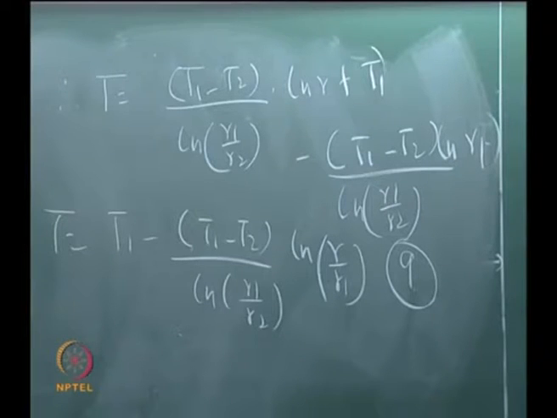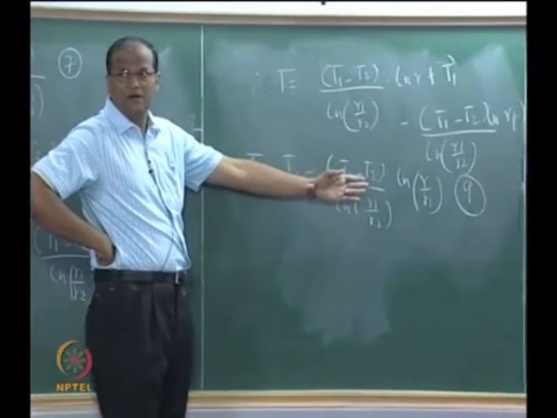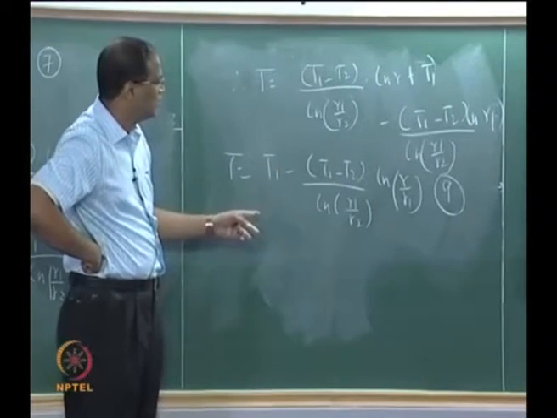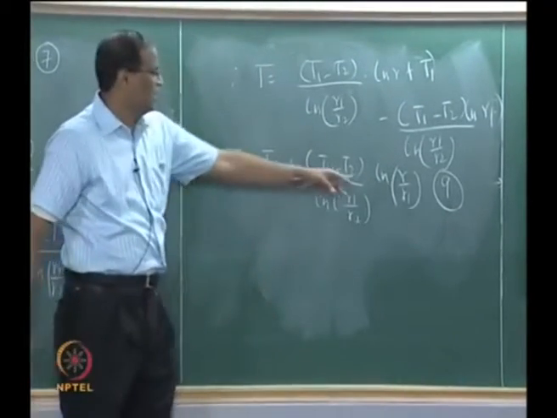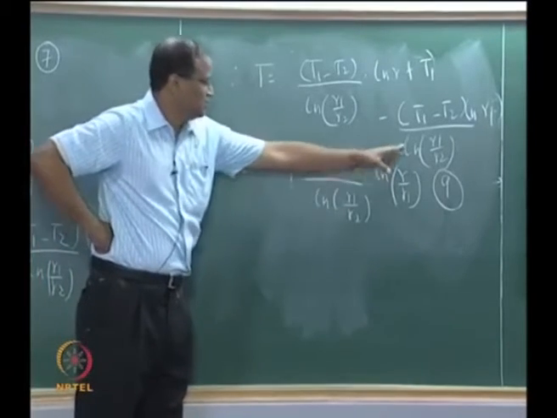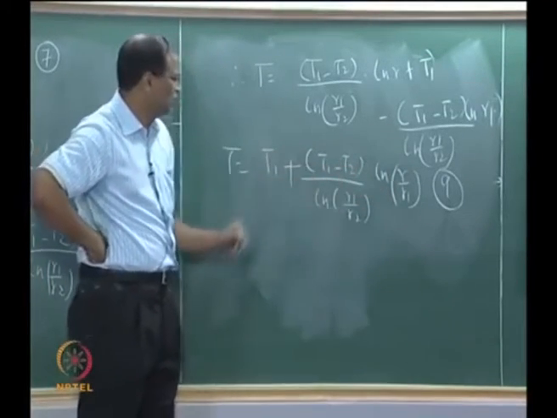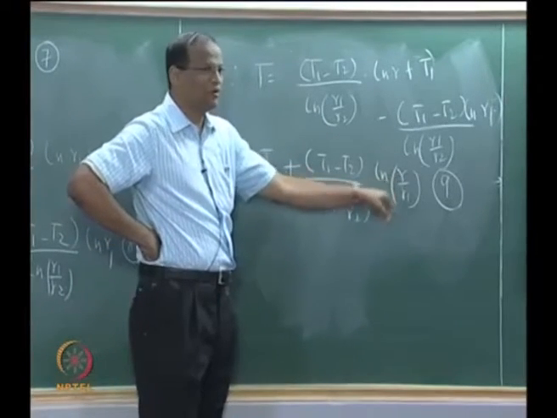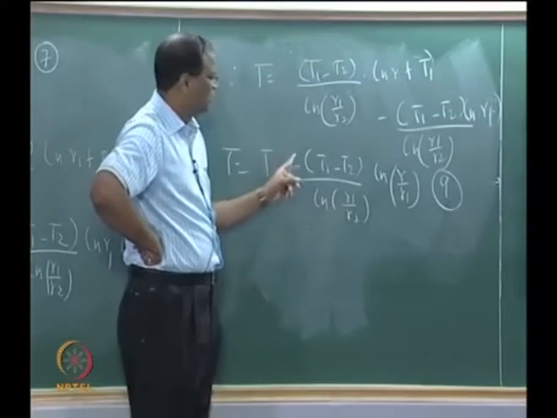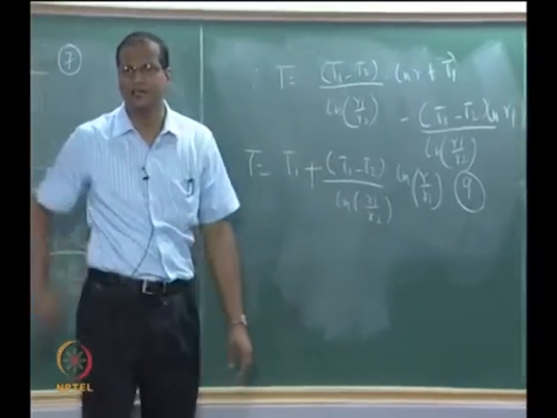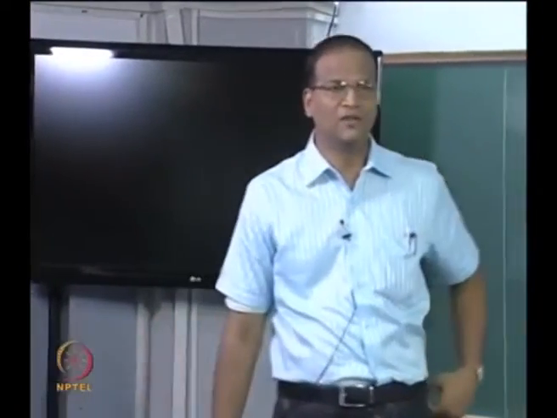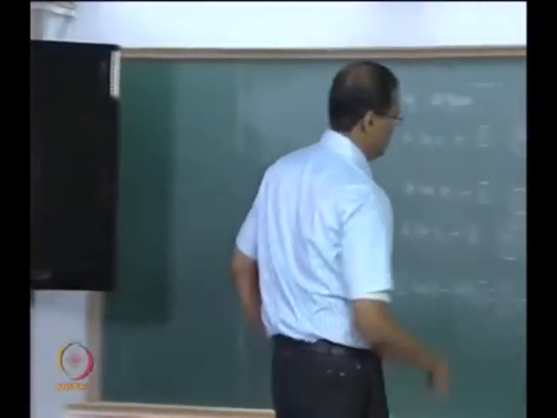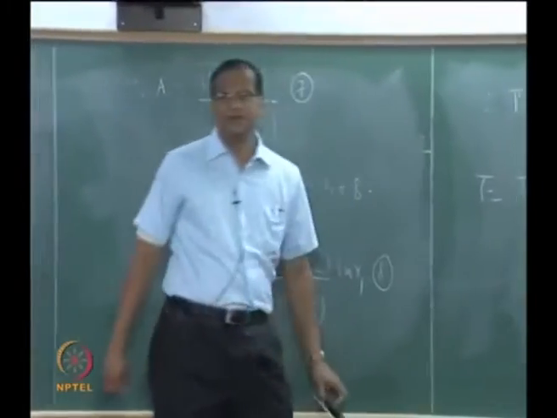At r equal to r1, what is ln of r by r1? At r equal to r1, this becomes ln of 1, it is 0, so T equal to T1. At r equal to r2, this will become ln of r2 by r1, this will be minus 1, so T1 minus T1 plus T2. So the equation is correct. So we check it for asymptotic correctness. So we got the temperature distribution.